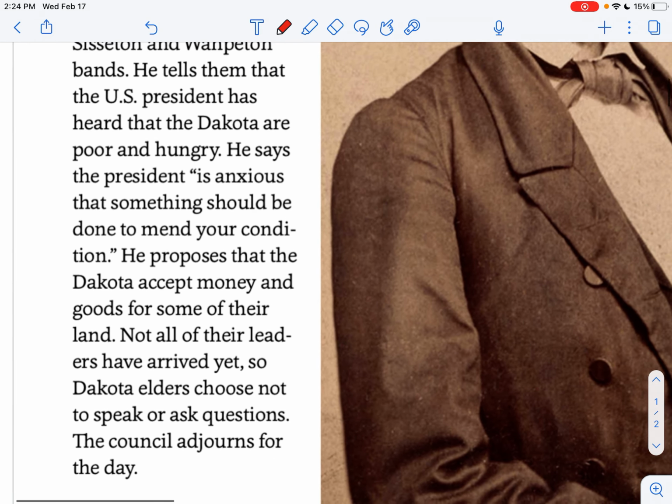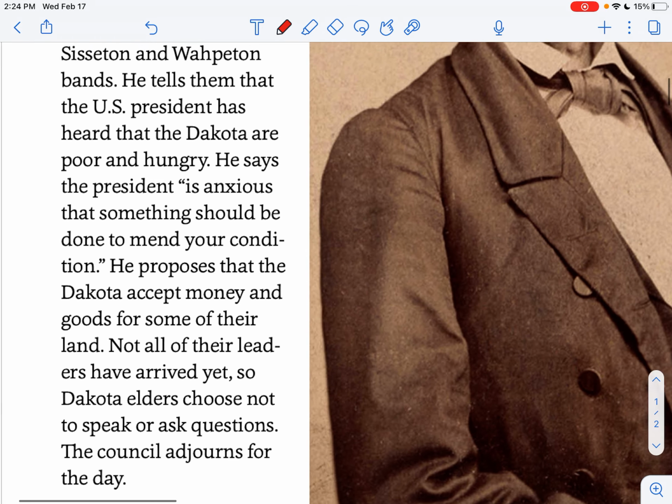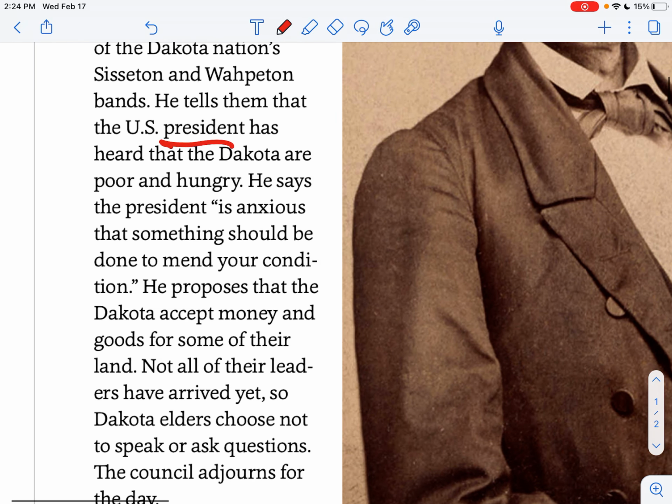So Ramsey says, hey, the president knows that you guys, the Dakota, are poor and hungry. And he thinks that, hey, why don't you guys accept money and goods for your land? We know what money is. We know what goods are. Goods are like from the fur trade. Remember things that make your life easier?